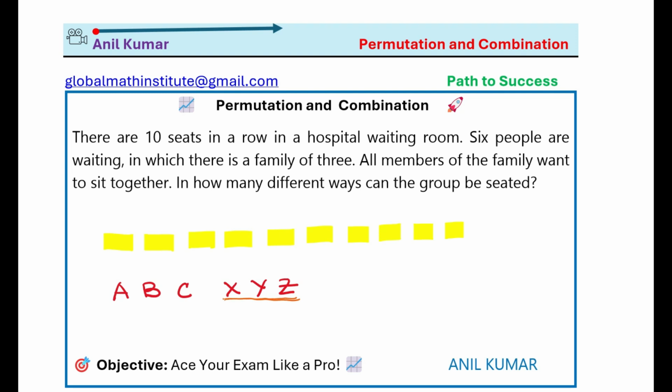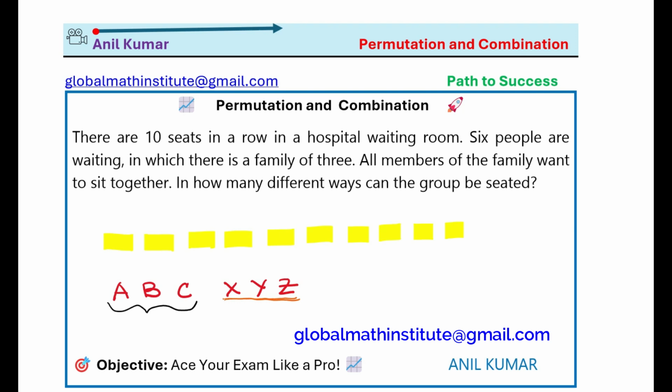Of course, if 3 people are sitting together, out of 10 seats we have already taken up 3 seats, and 7 are left. So that means the other 3 people can take any of the 7 seats.